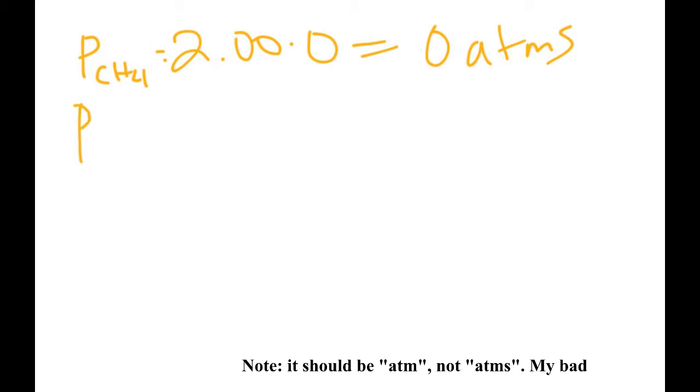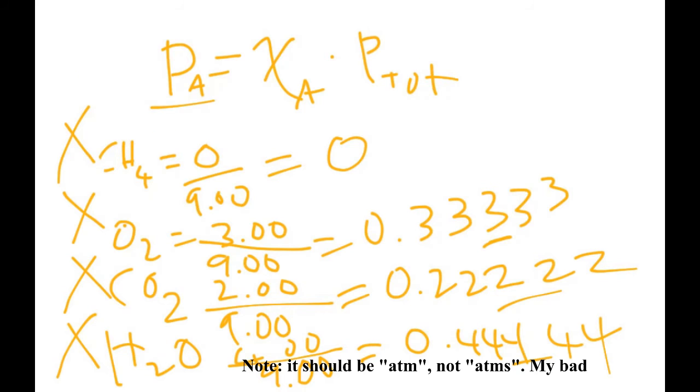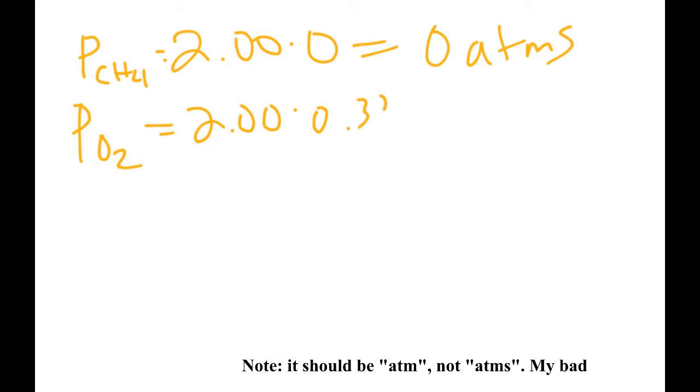And our pressure for the O2 is going to be equal to 2.00 times the mole fraction, which was 0.333 with the last 3 underlined, and we get an answer of 0.667 atm for the partial pressure of O2.